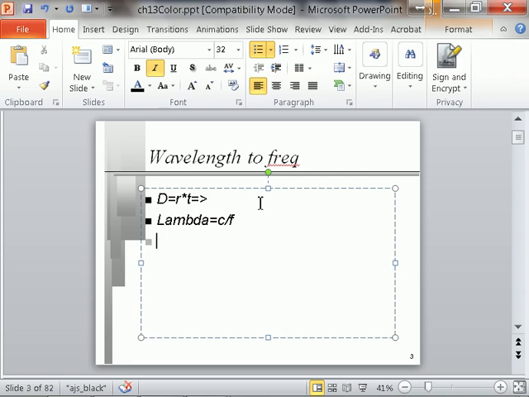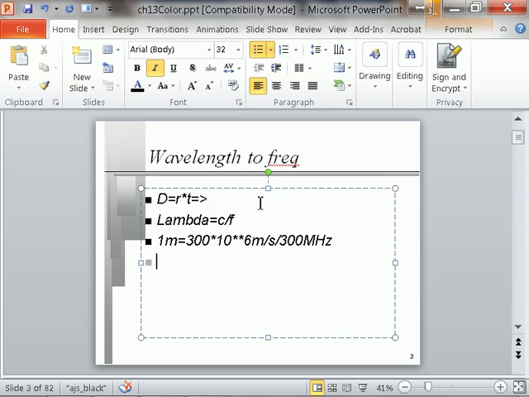So if I want to figure out the wavelength: 300 times 10 to the 6 meters per second, divided through by 300 megahertz, and that comes out to be 1 meter.